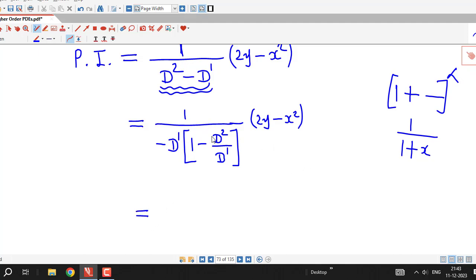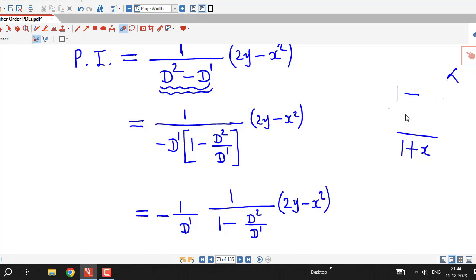So now let me rewrite here. This is 1 divided by 1 minus D square divided by D' operated on 2y minus x square.